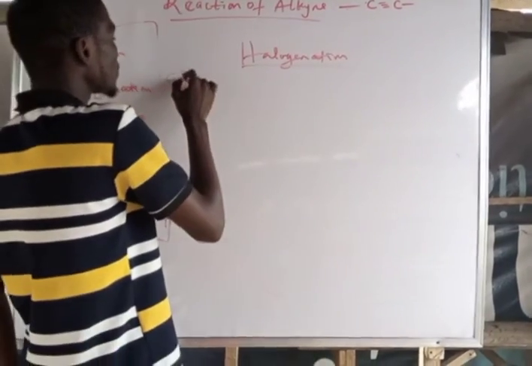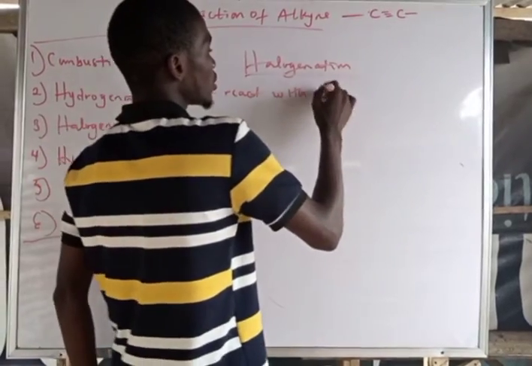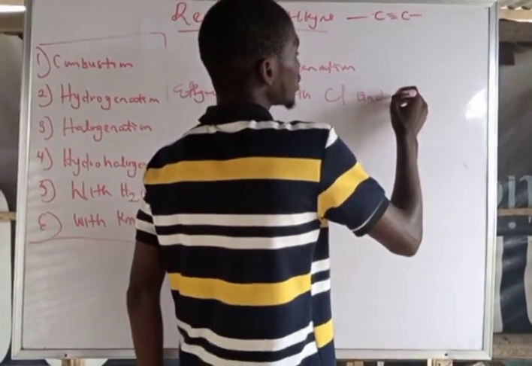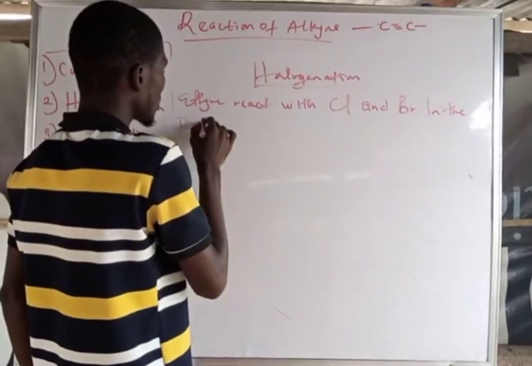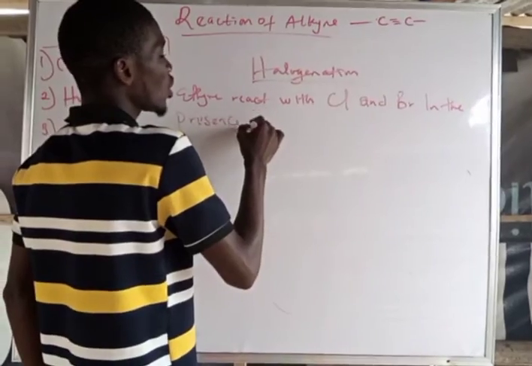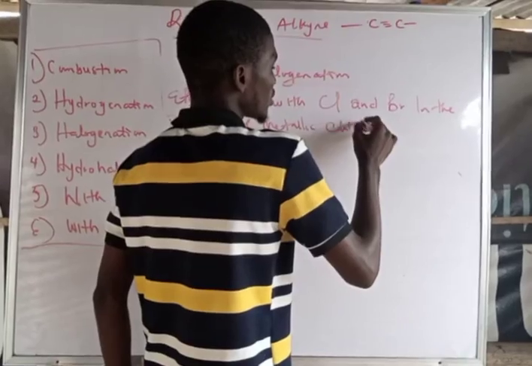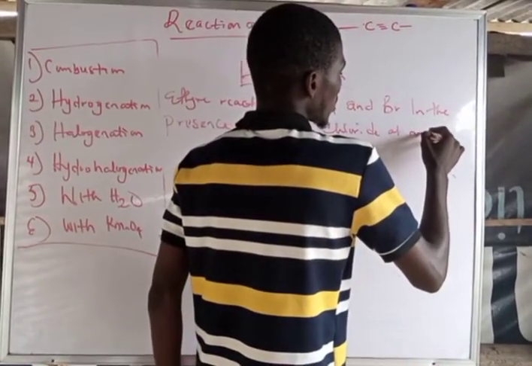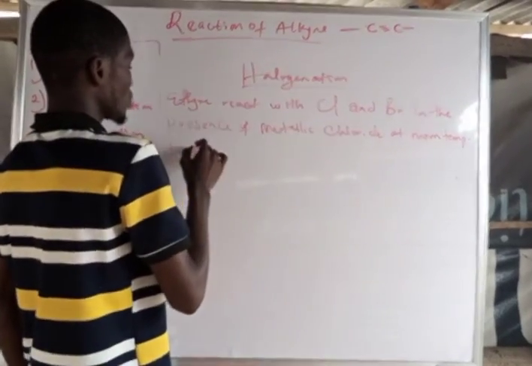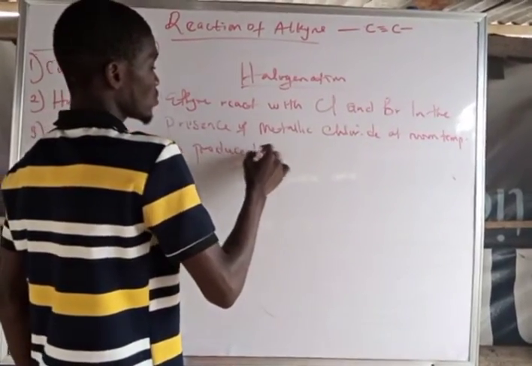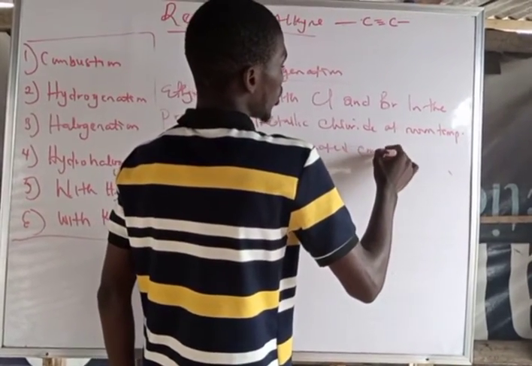So ethyne reacts with chlorine and bromine in the presence of metallic chloride at room temperature to produce halogenated compound.